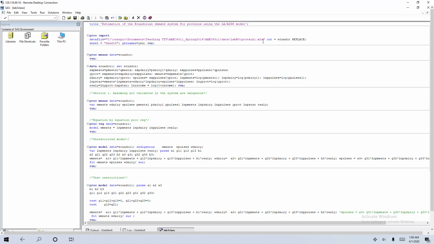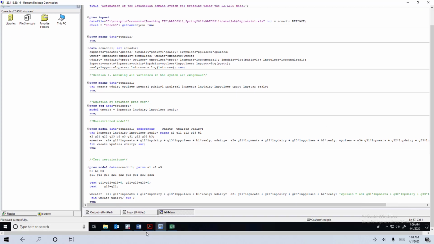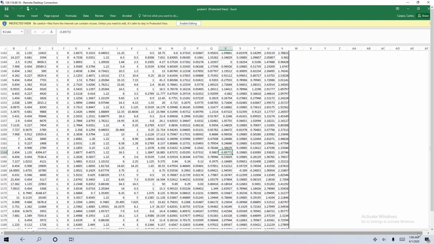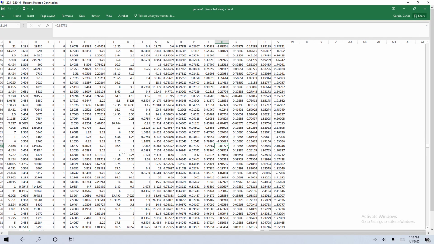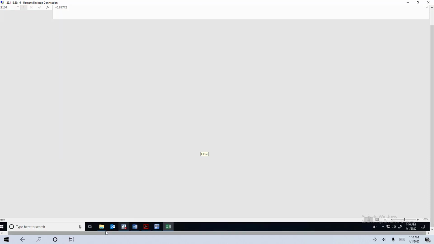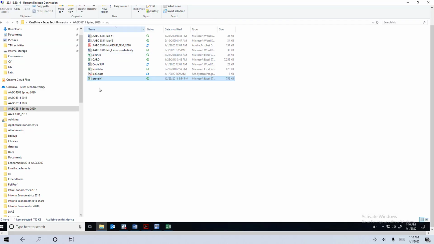Of course, I need to select where I have the protein file saved. I'm going to close it here. And I'm going to look for the place where this is located.